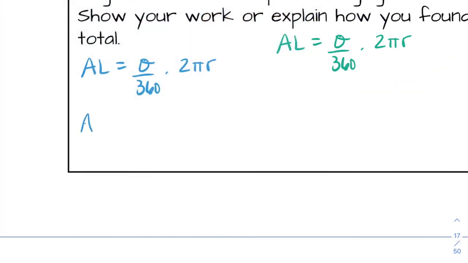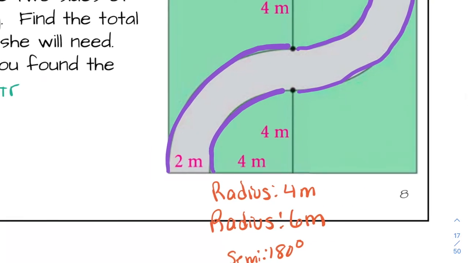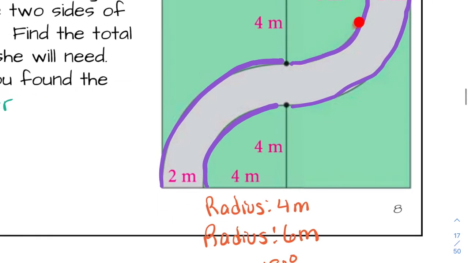First one, arc length equals 180. Remember, I'm doing 90. Really, this is just 90 right here, right? But I am going to do the other 90 that's right up here. So 90 and 90 at 4, and then 90, 90 at 6.